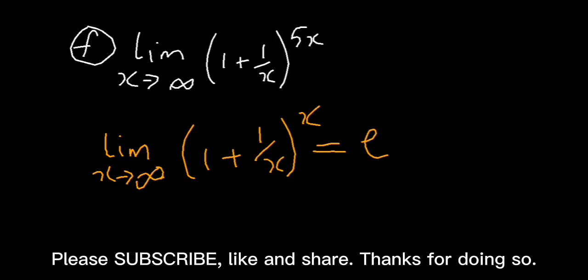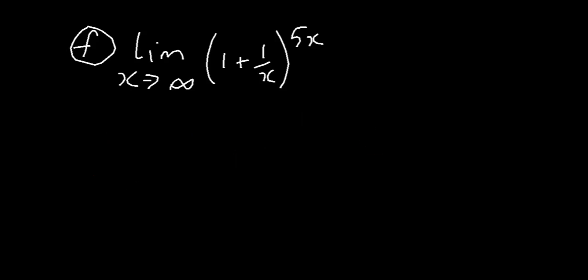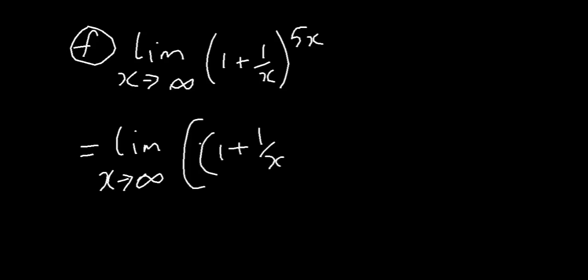So let's make our question have the same pattern. So we will have the limit when x tends to infinity of [(1 plus 1 over x) raised to power x] raised to power 5. So the bracket is the same thing as e. So we have e raised to power 5.